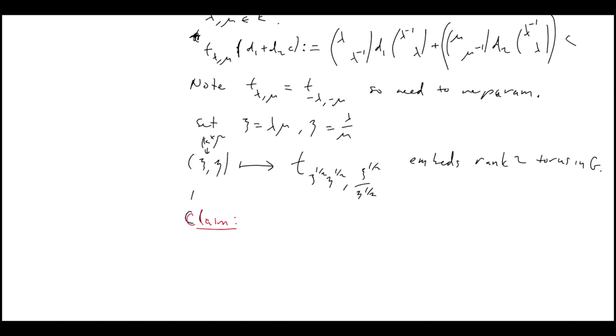Okay, I should also define T to be the set of these T lambdas. It's the same set when you reparameterize or not, just to ease the notation. Okay, right, and then the claim is that this is actually a maximal torus inside of G.